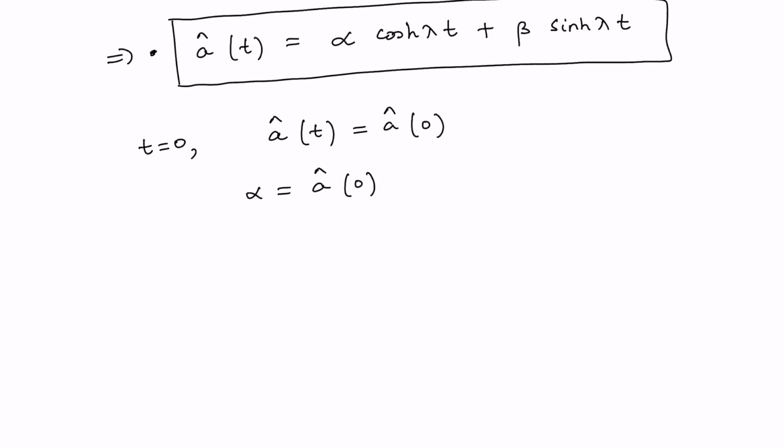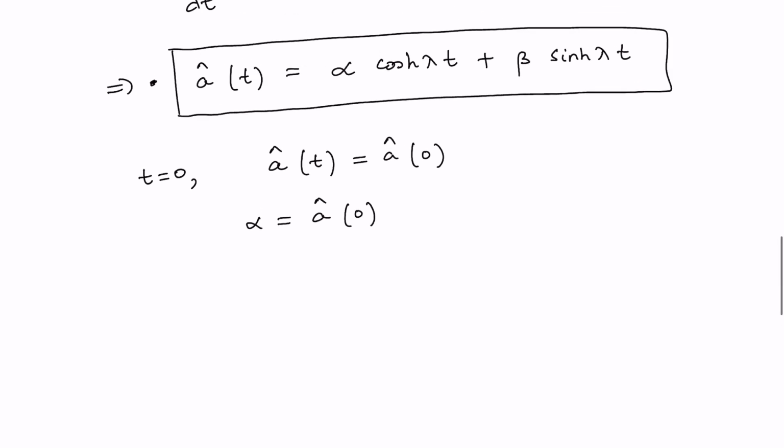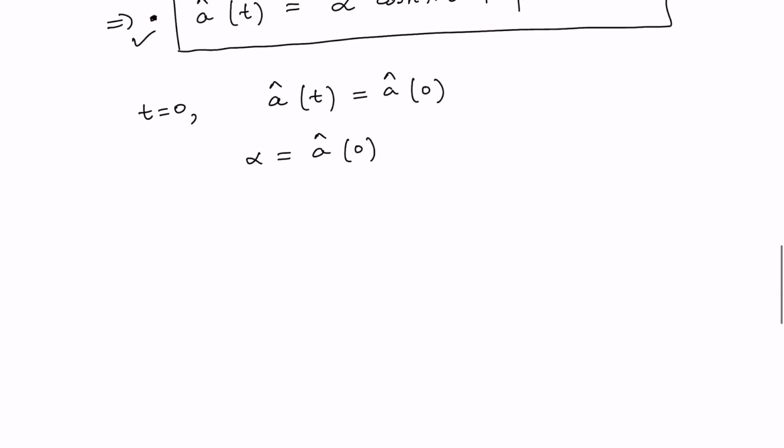Now we have to find out beta. To do that, let me take a time derivative of this equation, and that is going to give me A dot of t equal to alpha lambda sinh lambda t plus beta lambda cosh lambda t.